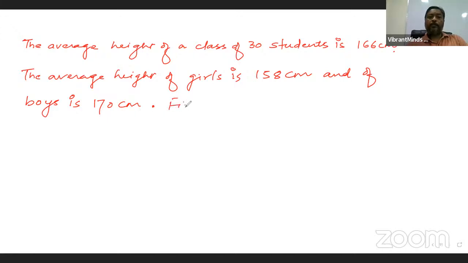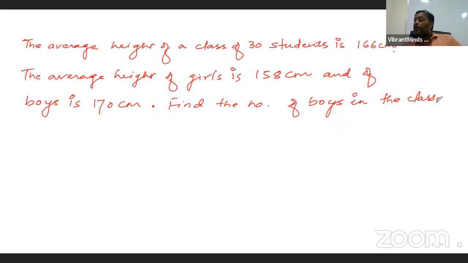Now the question says, find the number of boys in the class. Can you attempt this question?